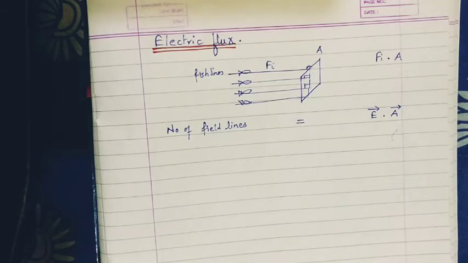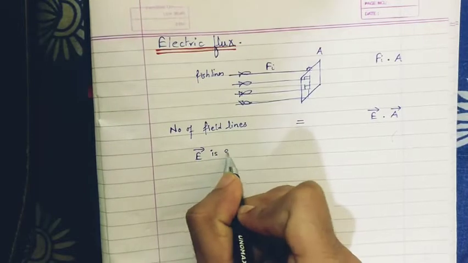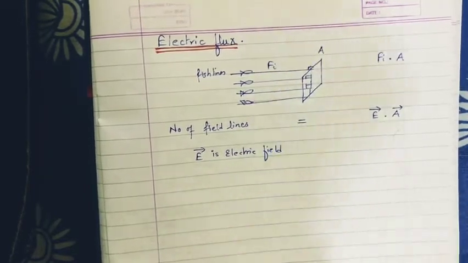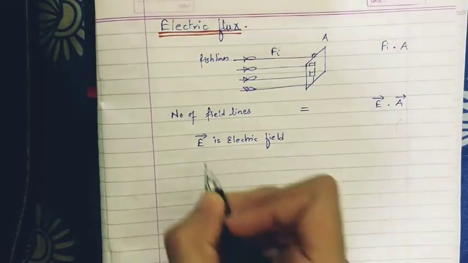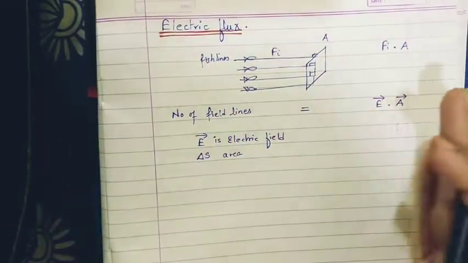So now if we consider E as the electric field, or electric field intensity, and let us consider delta S as the area through which this electric field is passing.